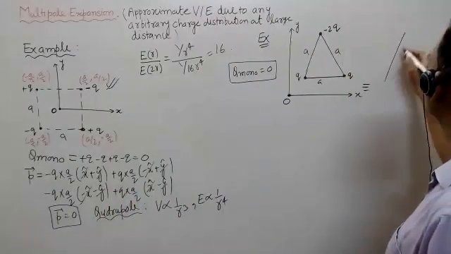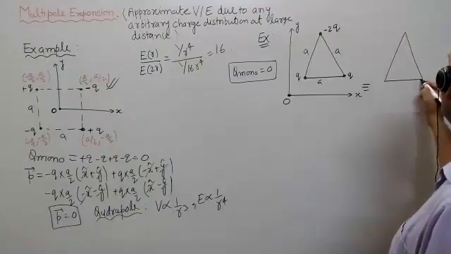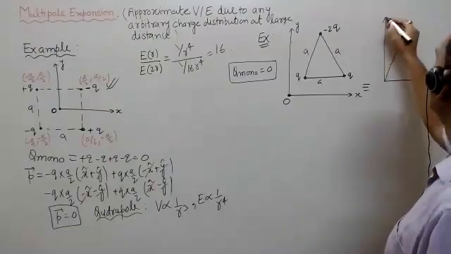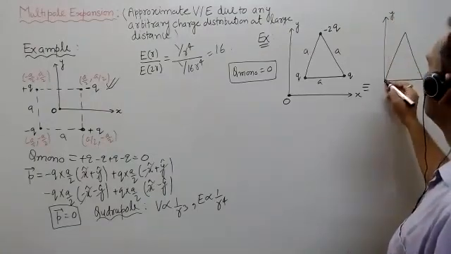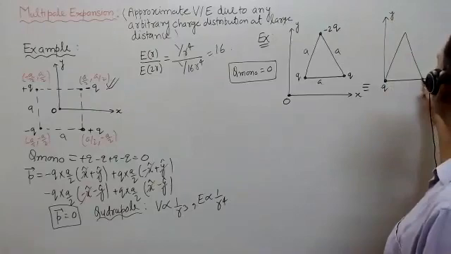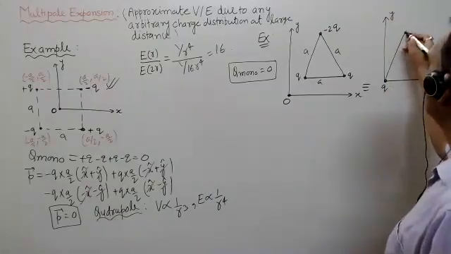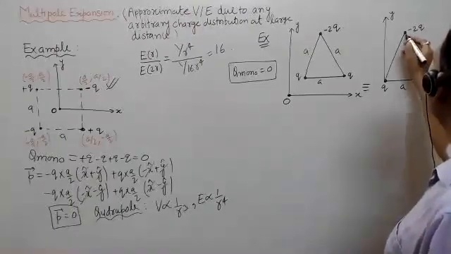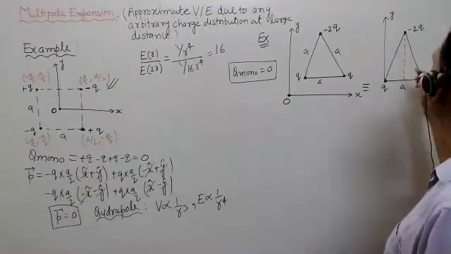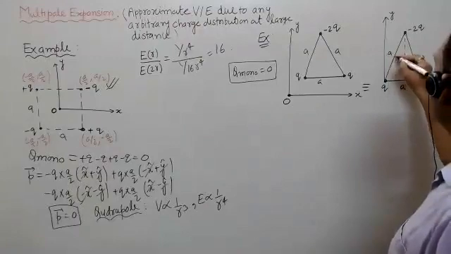Let us see. This is the equilateral triangle. This is x, y. This charge is q, this is q, and this will be minus 2q. The side is a, so this is also a.